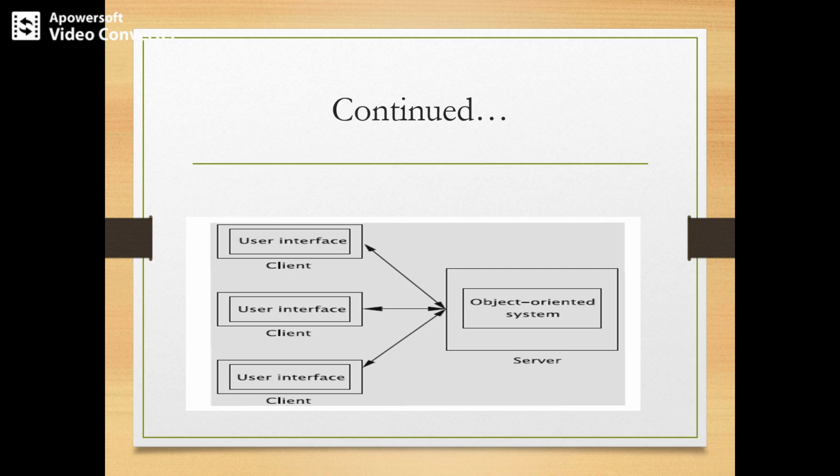The results are, as usual, shown to the end users via the user interface at the client. So there is a difficulty in accessing objects of one system from another system, which we will see in the next slide.